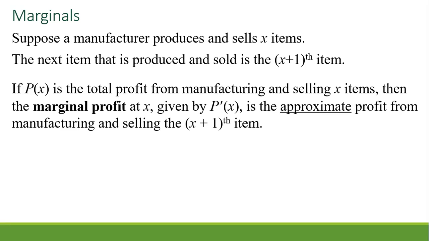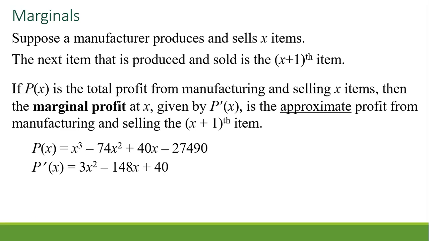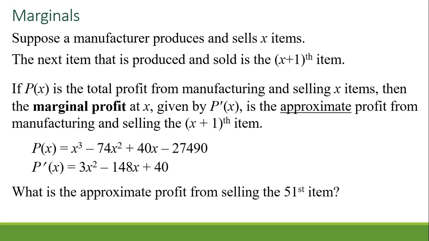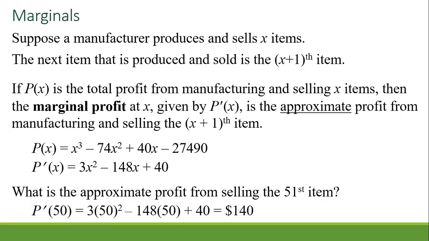And similarly, we can find the marginal profit, which is the approximate profit from selling that next item after the Xth item, and we can find that by taking the derivative of the profit function. So this was our profit function, and this is its derivative. If we want to know the approximate profit from selling the 51st item, we can find the value of the derivative at X equals 50.